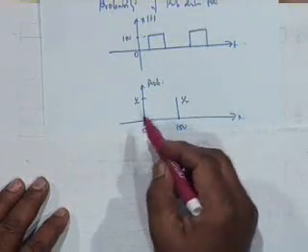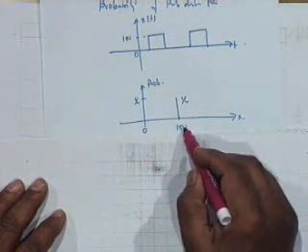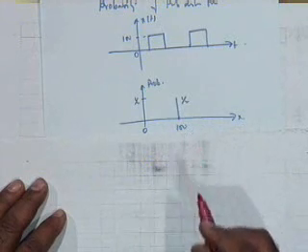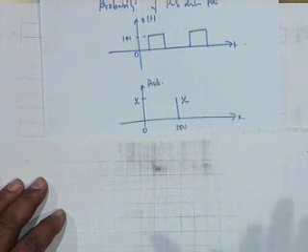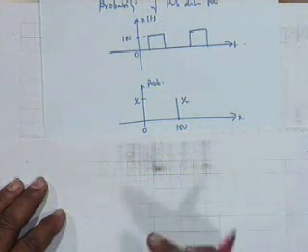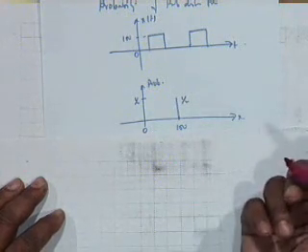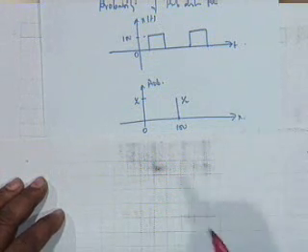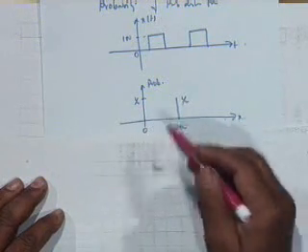So if I plot the probability that capital X takes a value 0, obviously it is half, and the probability that capital X takes a value 100 is half, and the probability is now a sequence which has only two values, that is half delta n plus half delta n minus 100, you can take n as an integer, half times delta n plus half times delta n minus 100.